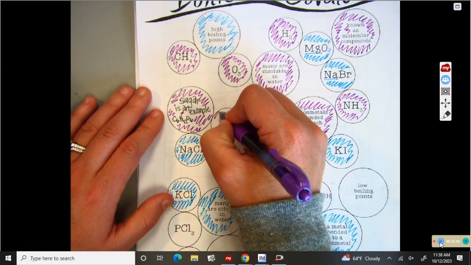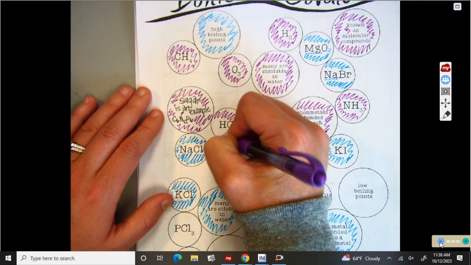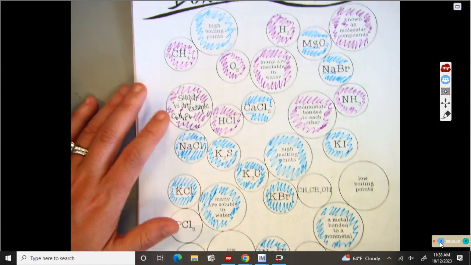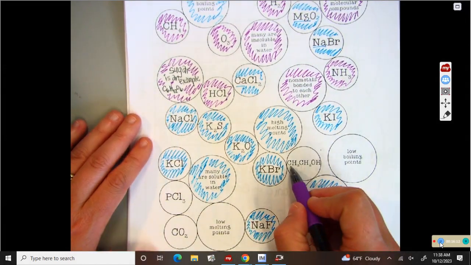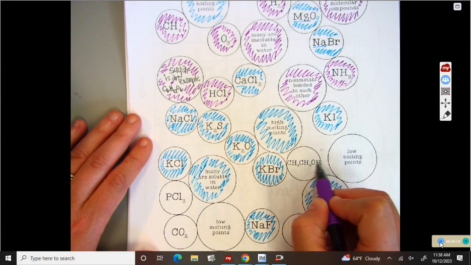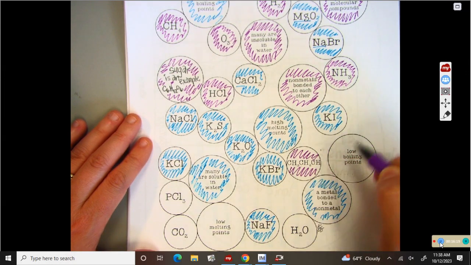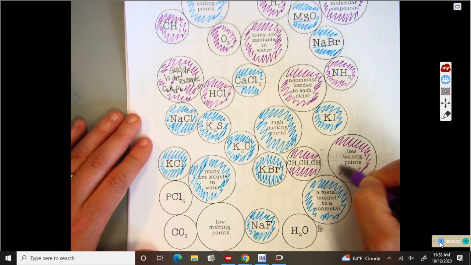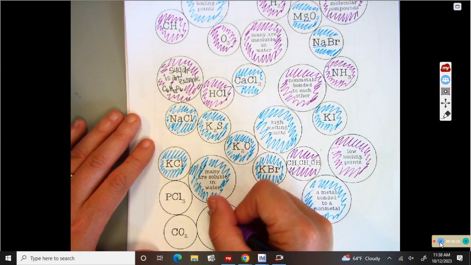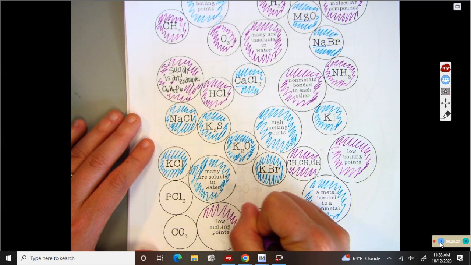Hydrogen and chlorine, nonmetals, covalent. This compound, carbon, hydrogen, oxygen, hydrogen, covalent, all nonmetals. Nonmetals are not hard to melt or boil, so they have low melting and boiling points.